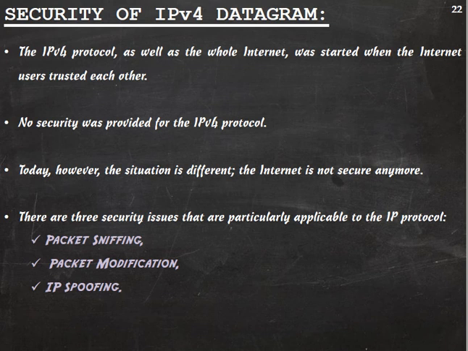The second type of security issue is packet modification. Unlike packet sniffing, here the attacker intercepts the packet, makes changes in the content, and sends the new packet to the receiver.